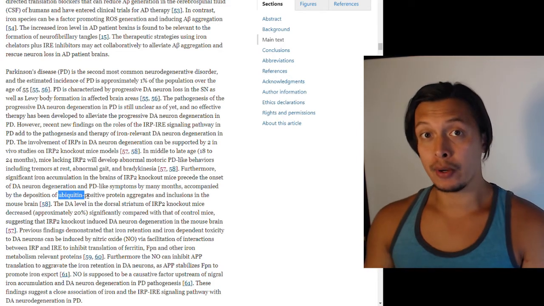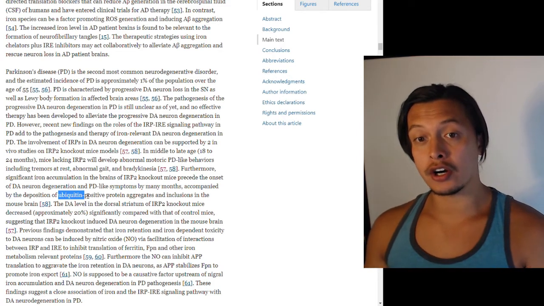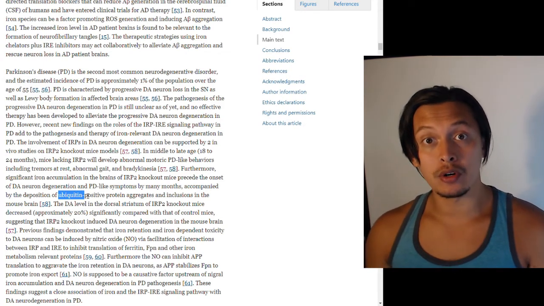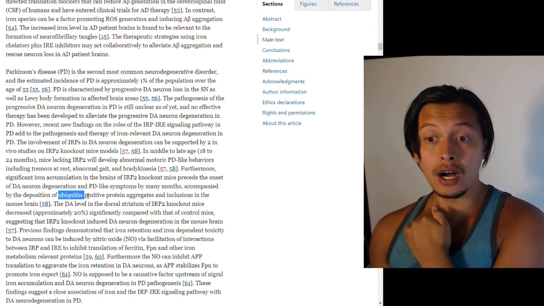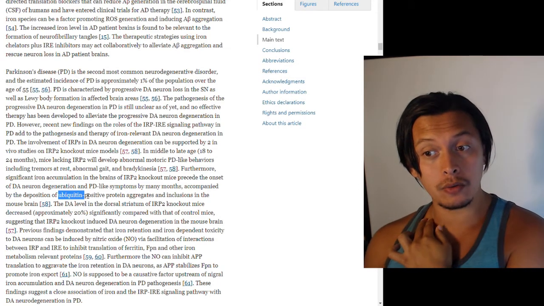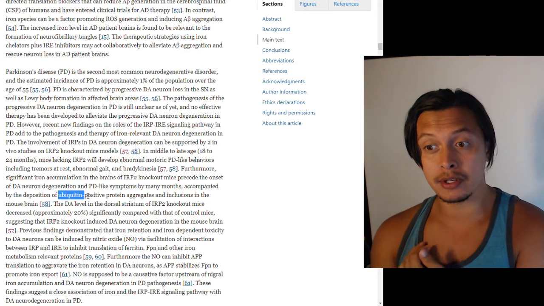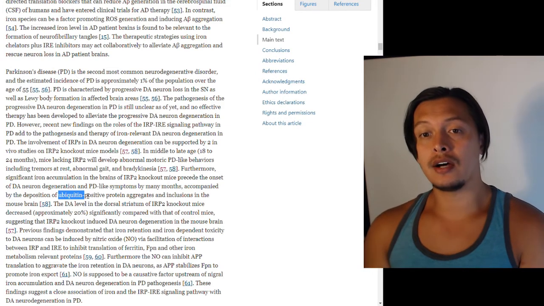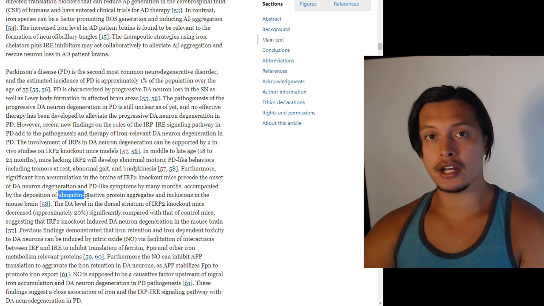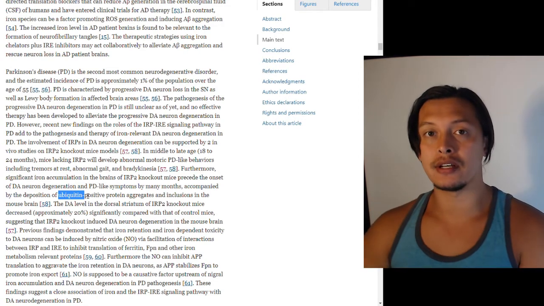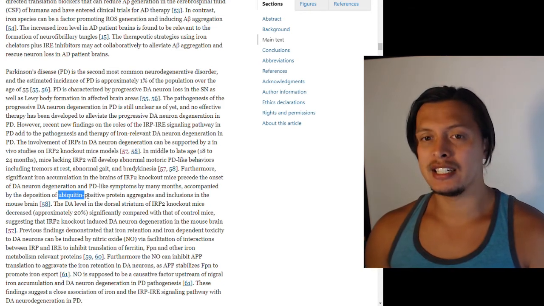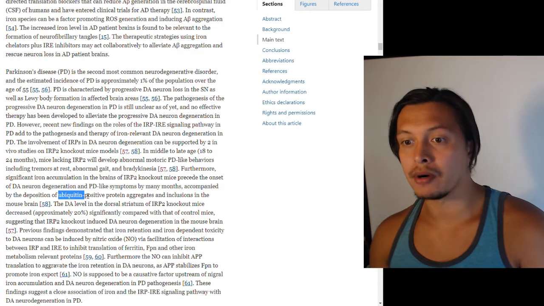Frequently, it is for targeting to take it to the proteasome, where it gets degraded and broken down into amino acids. So here, when we're dealing with a ubiquitin positive protein aggregate, this to me sounds like a protein that was targeted and was trying to be sent off to be destroyed by the proteasome, but ended up not being destroyed by the proteasome for some reason.